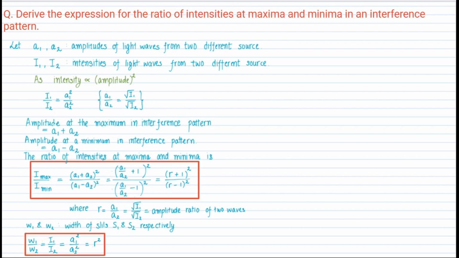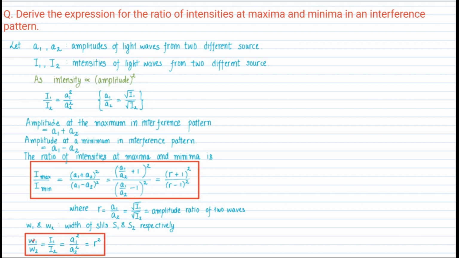W1 is the slit width of your S1 and W2 is the slit width of your second slit. So W1 upon W2 equals I1 upon I2, where I1 is the intensity of the light from slit S1, I2 is the intensity of the light from slit S2, which in turn can be written as the ratio of the amplitude square, since intensity is directly proportional to amplitude square.